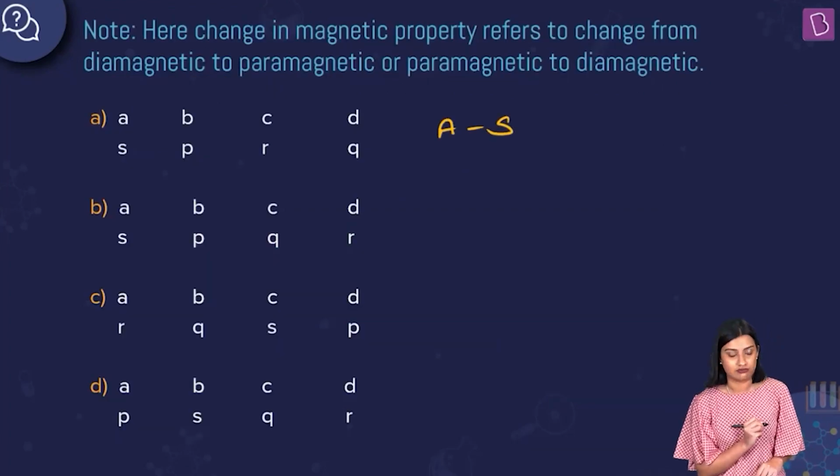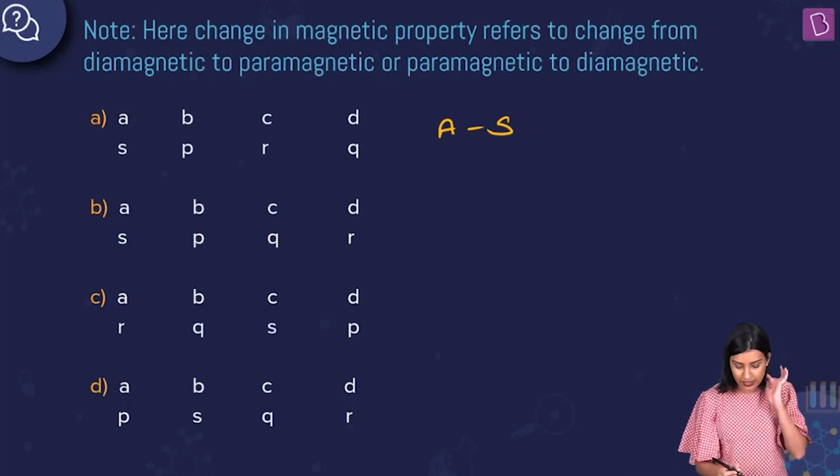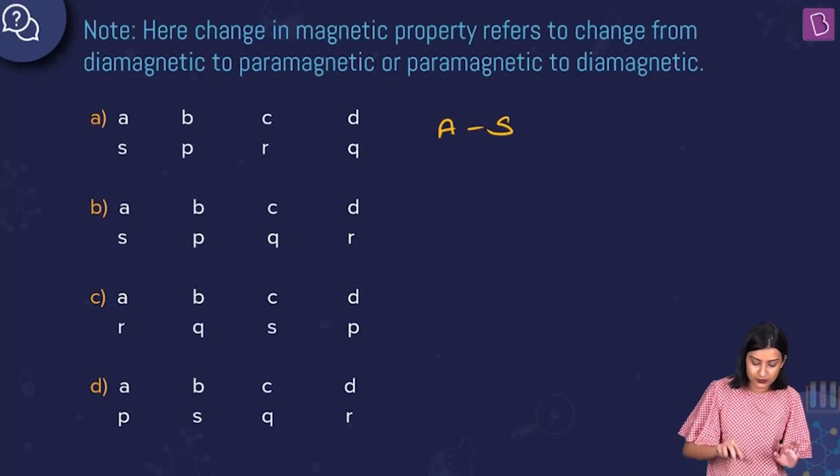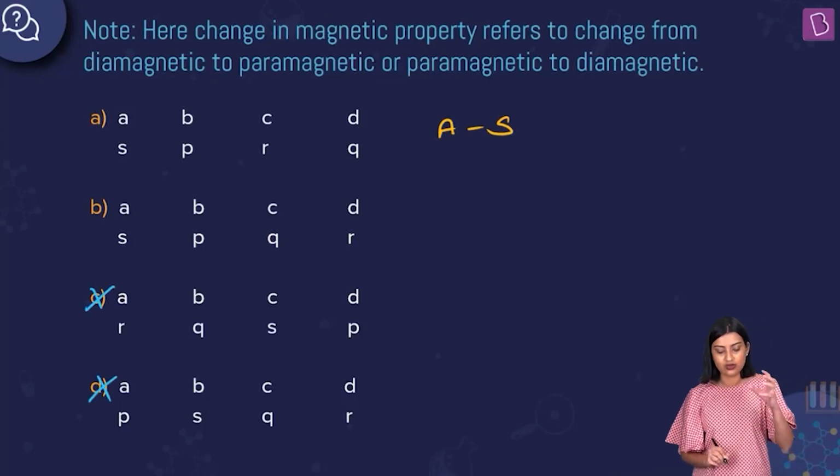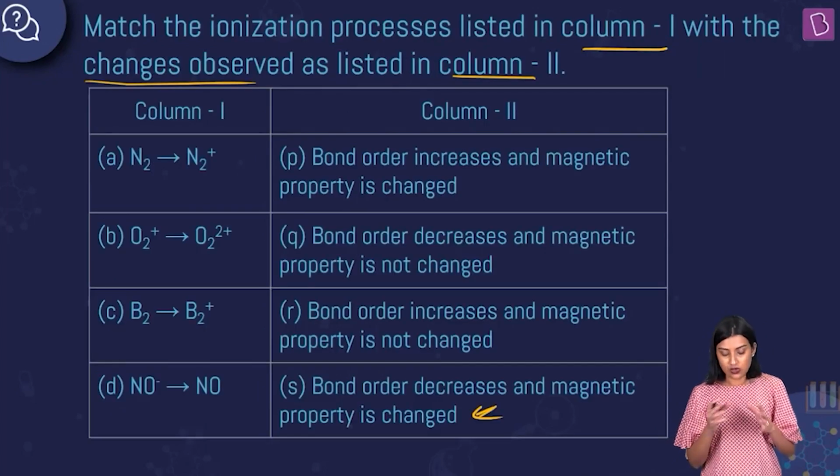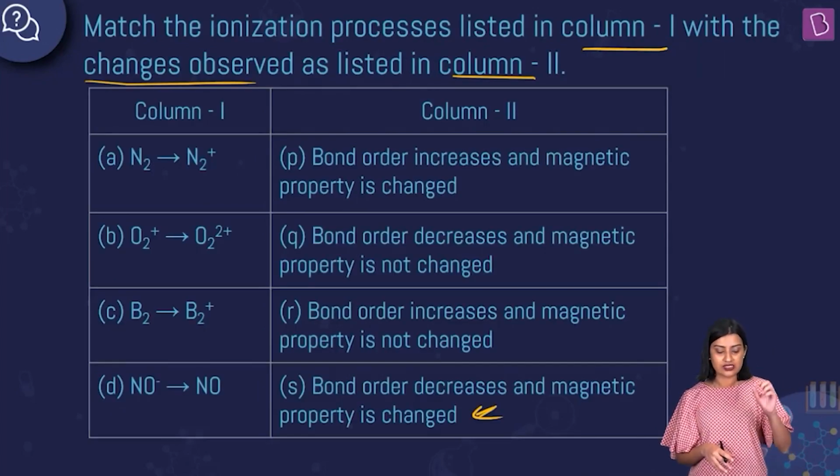Cool, we've reached somewhere. This allows me to eliminate options C and D, right? So options C and D can be eliminated. Now it's between A and B. Let's see. My option B, or the second chemical change, says O2 plus gives you O2 2 plus.